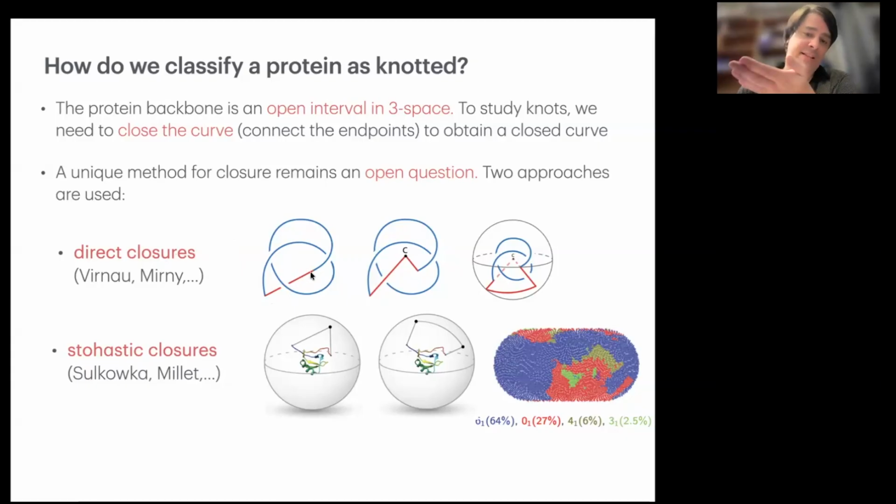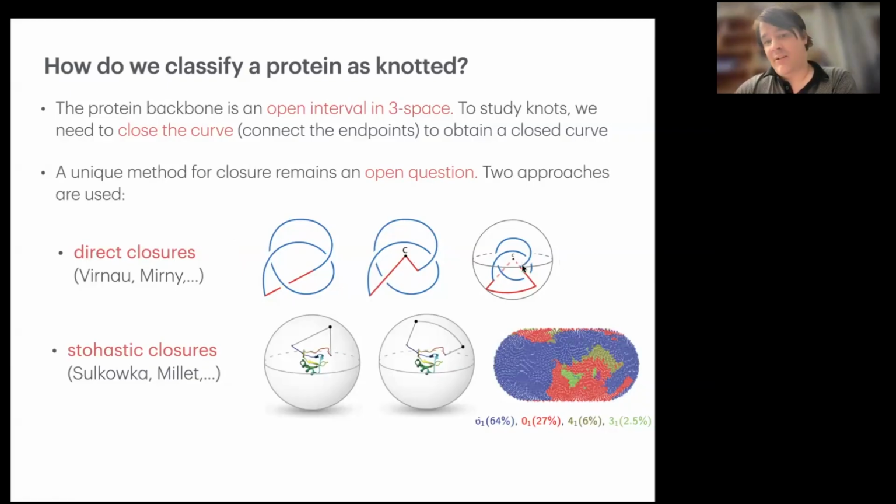Of course, this isn't a stable operation because you can just permute one end a bit and you can get a different knot. The same thing happens with closing it by the mass center. So take the mass center and close it. It's also not a stable type of closure.